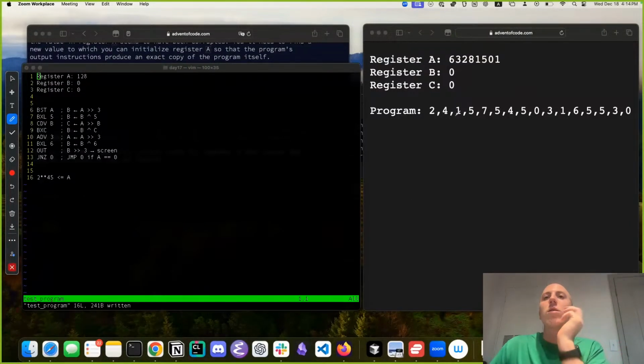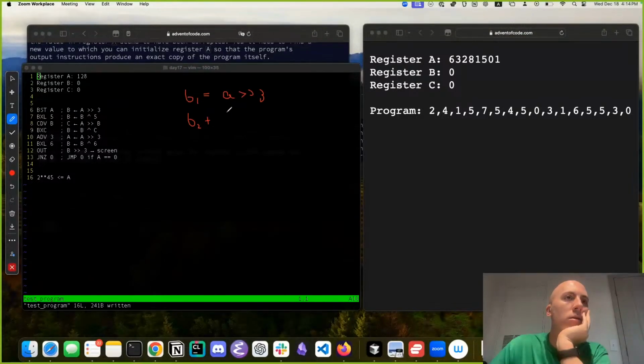Oh yeah. Going back to recalling what we were trying to do, we were trying to work backwards. Remember? B1 is equal to A shifted over by 3. B2 is equal to B1 XORed with 5.